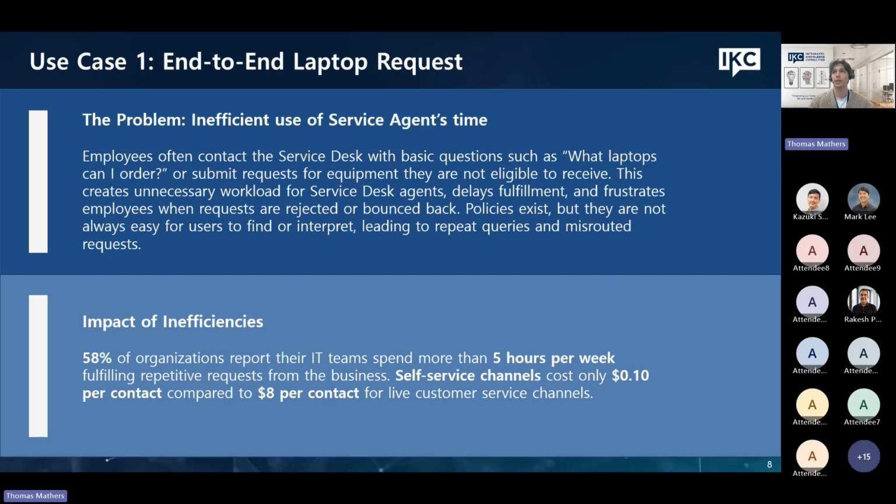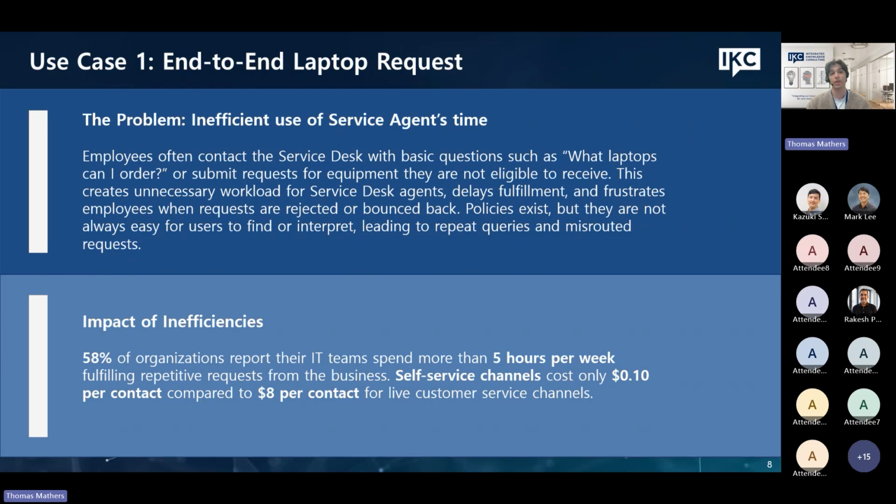Our first problem is inefficient use of service agents' time. And to start this problem, I want to start from the end user's perspective. An end user will come into the system, and sometimes they're looking for documentation on policies or how to request something. And the end user becomes frustrated because they can't find that documentation, even though it does exist somewhere in the system. And then what ends up happening is that the end user gives up. They go straight to the service desk.